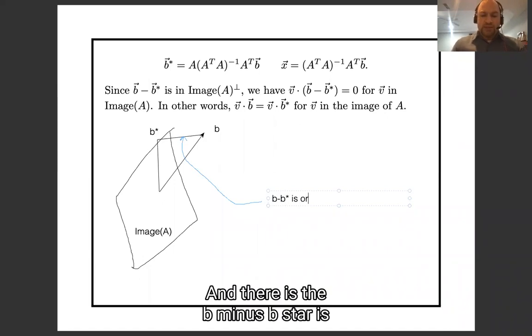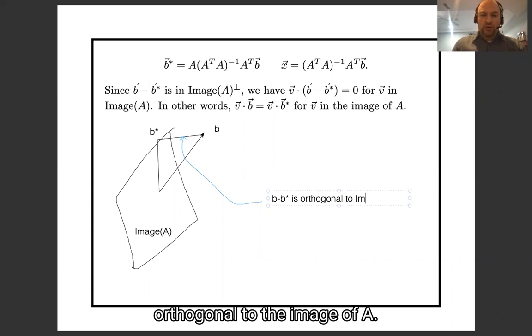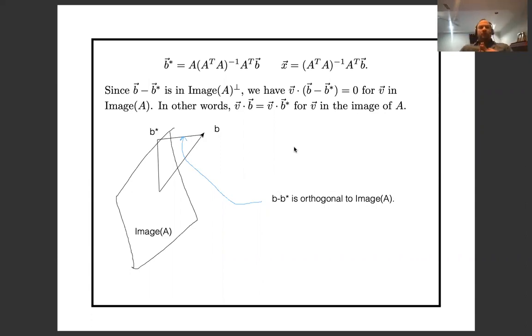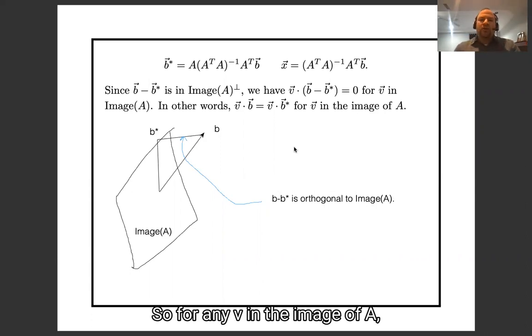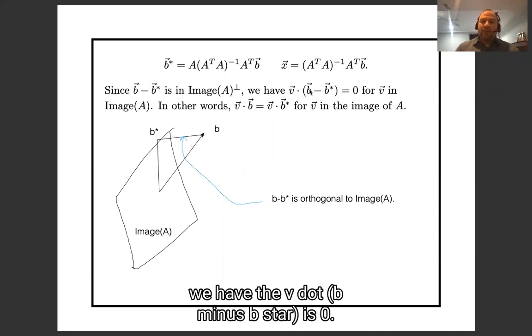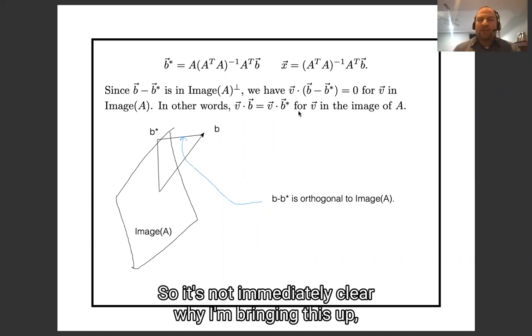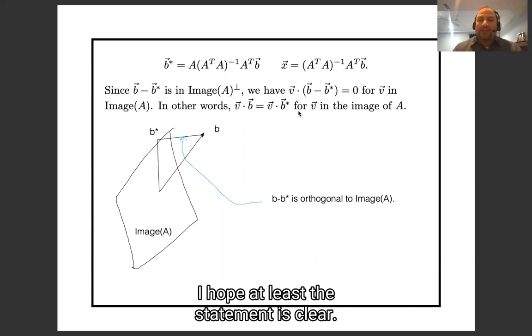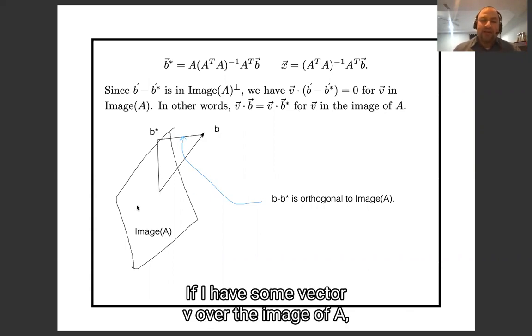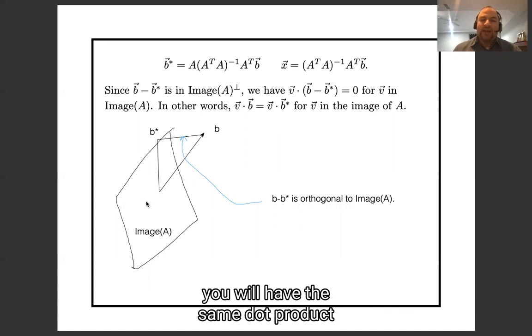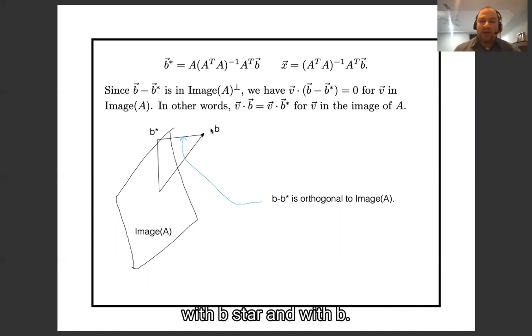And notice that B minus B star is orthogonal to the image of A. So for any v in the image of A, we have v dot (B minus B star) is 0, or in other words, v dot B is the same as v dot B star. So it's not immediately clear why I'm bringing this up, but hopefully at least the statement is clear. If I have some vector v in the image of A, it will have the same dot product with B star and with B.